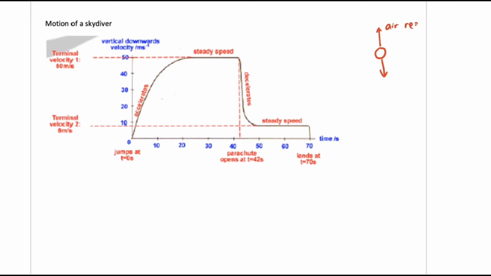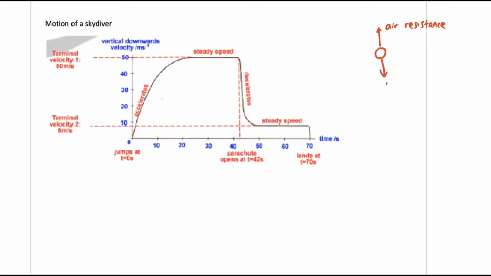As we discussed before, air resistance is affected by velocity. So when he accelerates, he gets faster and faster, and the air resistance also gets greater and greater. So that is what we need to know.